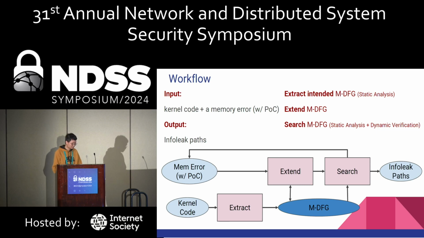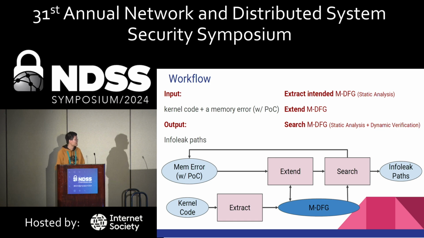Here's the workflow of our framework. The input is Linux kernel code, as well as a memory error we are given. The output is Infoleak path. There are three major steps in this workflow. One, extracting intended data flow.